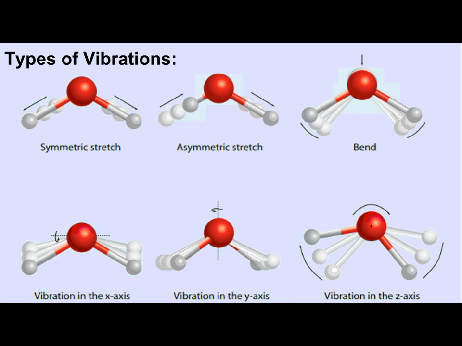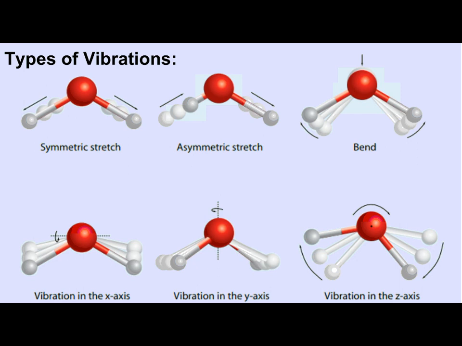So you have six types of vibrations, so everyone up. The first one is a symmetric stretch, where you're just stretching out. Then you have an asymmetric stretch, where you're stretching out with your right hand while the left hand's coming in. Then you have bends.